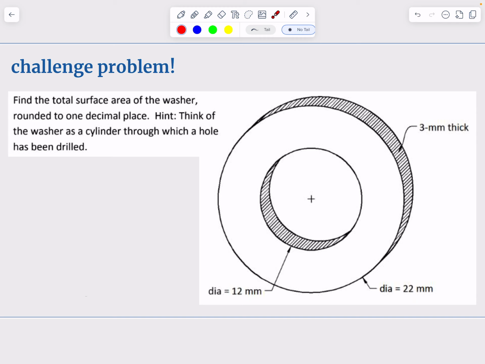That's what we're going to do here. We're going to go through step by step and figure out a way to use the area formulas that we already know to find the surface area of this shape.